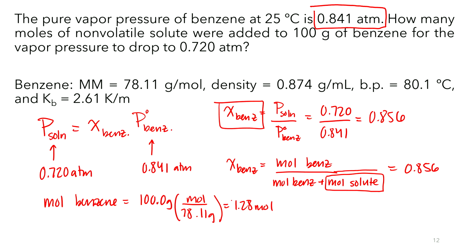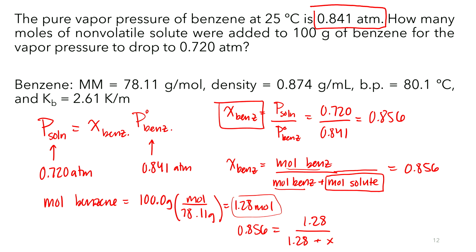All right, so now I'm going to plug that in to these two positions. So I've got 0.856 equals 1.28 divided by 1.28 plus x, the moles of the solute.